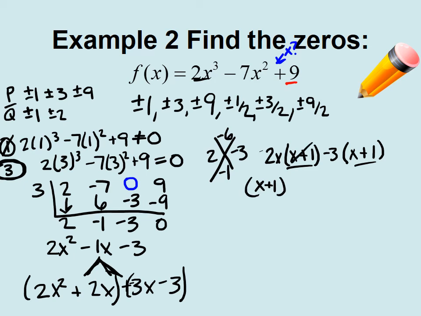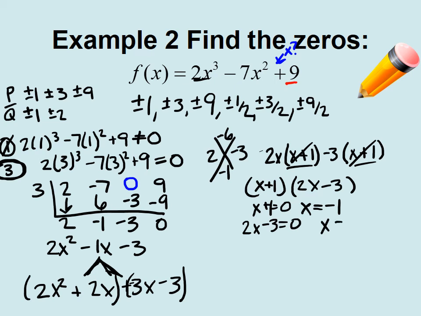When I factor that out, I have 2x minus 3 remaining. If I set each factor equal to 0, I end up with x equals negative 1, and I end up with x equals 3/2.